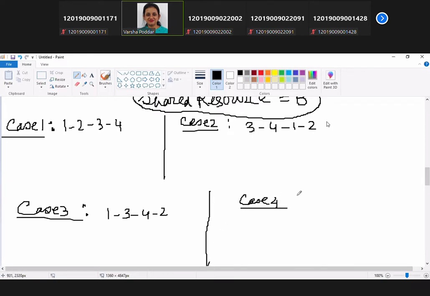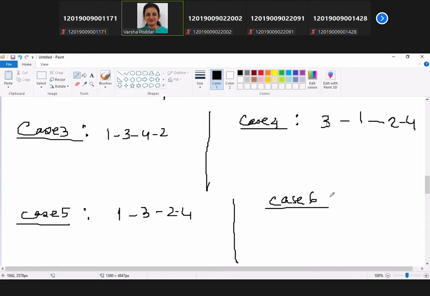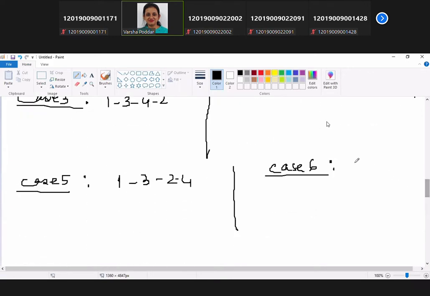Case 4, 3, then 1, then 2, then 4. All possible, more or less all combinations we will take. Case 5, 1, 3, 2, 4, and case 6, 3, 1, 4, 2. So suppose these many cases I can form.